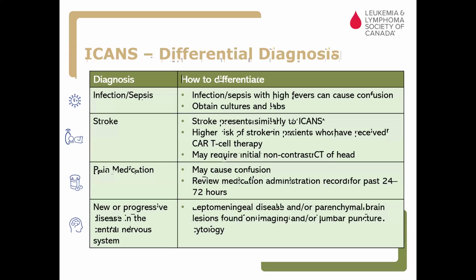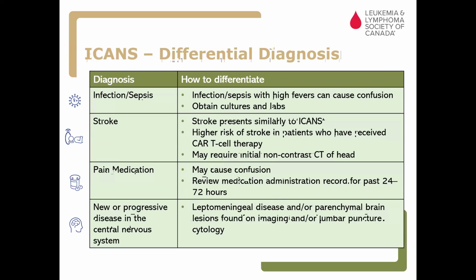It's important to review medication administration records for the past few days to assess whether or not patients are receiving these medications. Many patients being treated with T-cell engaging therapies may have non-essential medications such as sleeping aids or benzodiazepines put on hold during the acute phase of their T-cell engaging therapy where they may be more likely to develop ICANS.